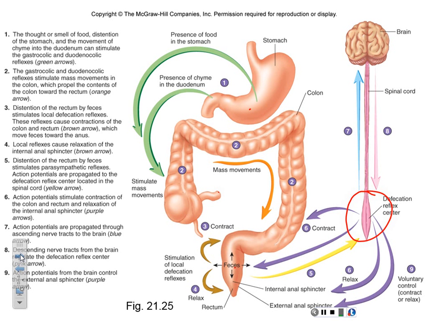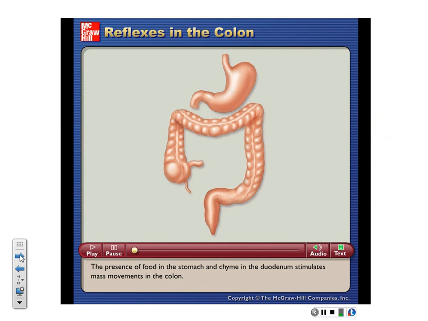So these are the mass movements down there. Okay, and distension here is what creates that. So this just shows that. I'm not going to play this. You can play it if you want. It's basically talking about the mass movements and how the colon will do that once there's distension here and distension in the duodenum.